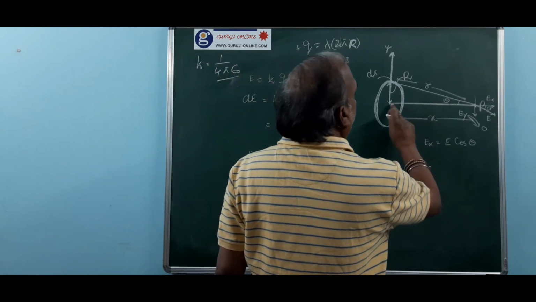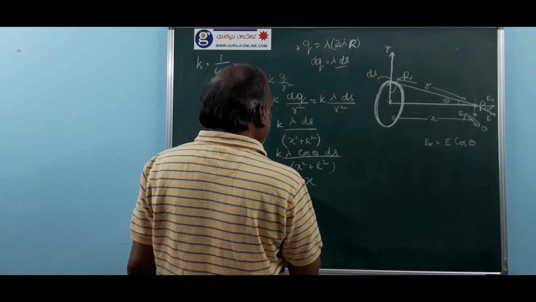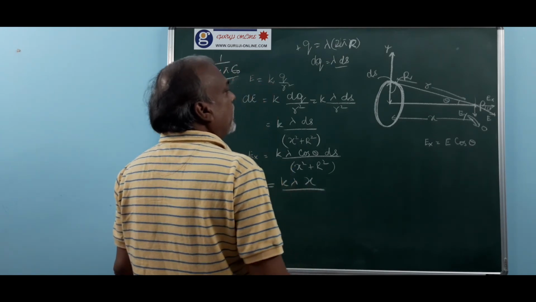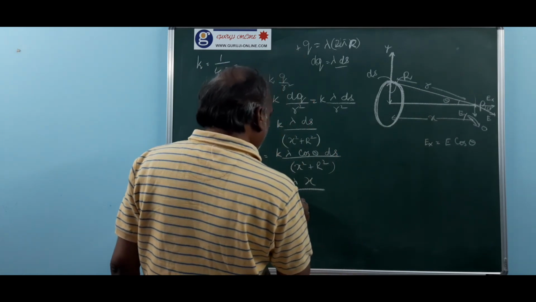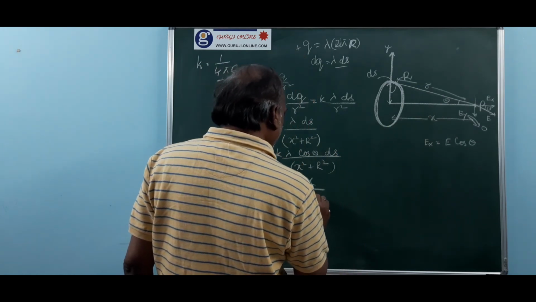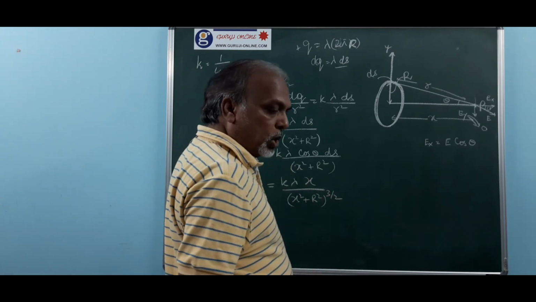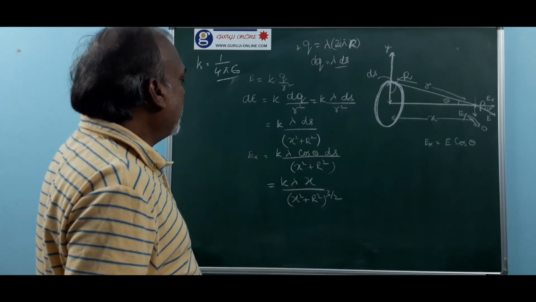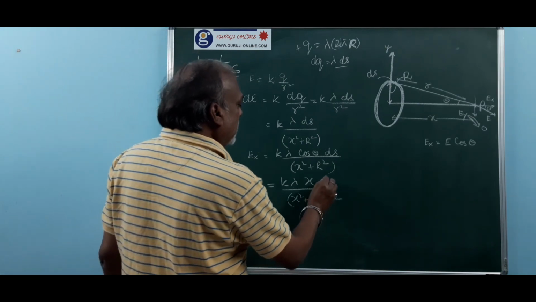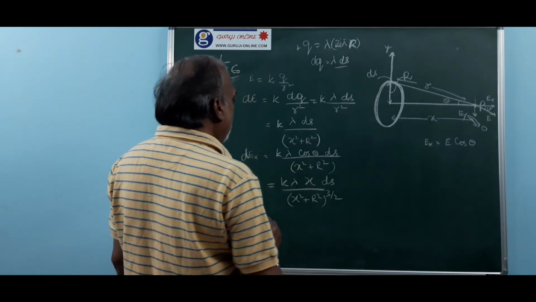Cos theta is nothing but this divided by this, means x divided by r. This r is nothing but this square plus this square, so this will become x square plus R square to the power 3 by 2. Of course, ds is there. Now, this is basically dEx.